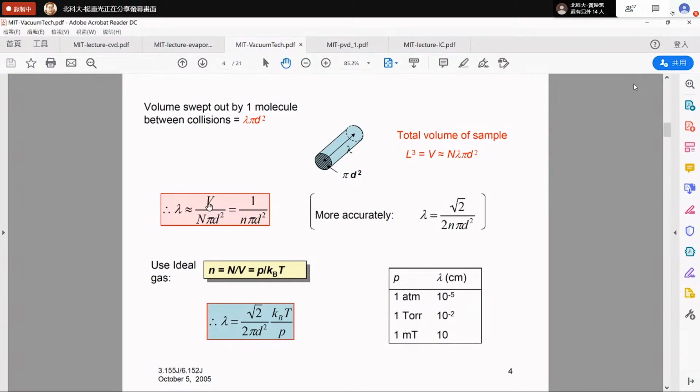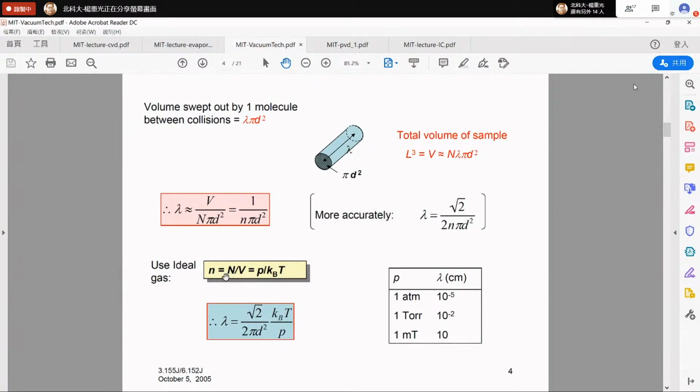More accurately, lambda equals 1 over square root 2 n pi d squared. If we use the ideal gas, n, the number of molecules divided by volume, equals P over kBT.